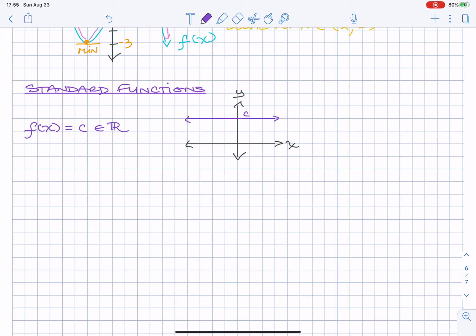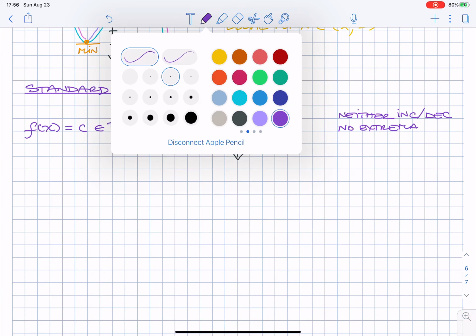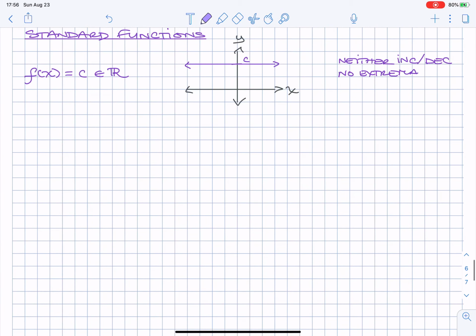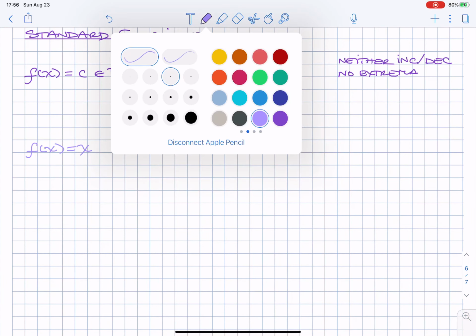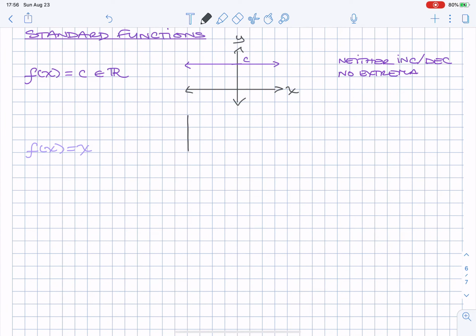So do you agree that it's neither increasing nor decreasing, and has no extrema? Okay, let's look at the identity function, which is f of x equals x. So that's the main diagonal.